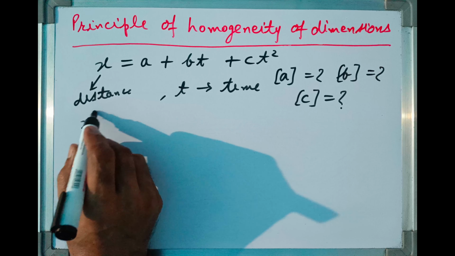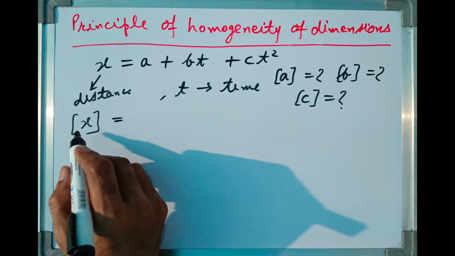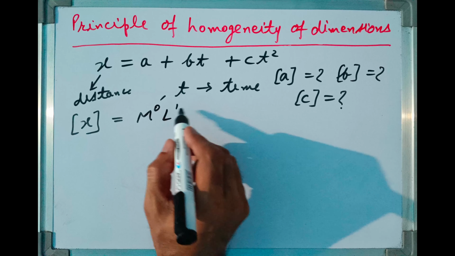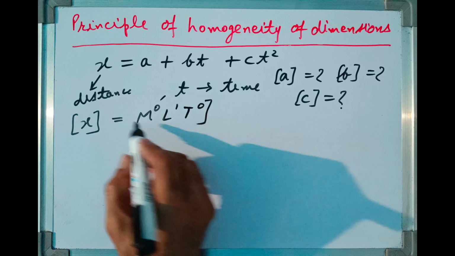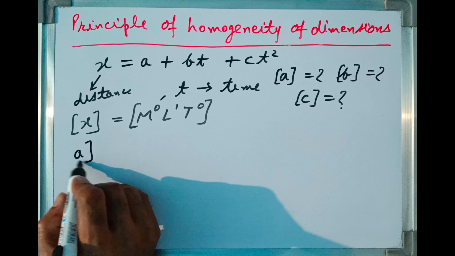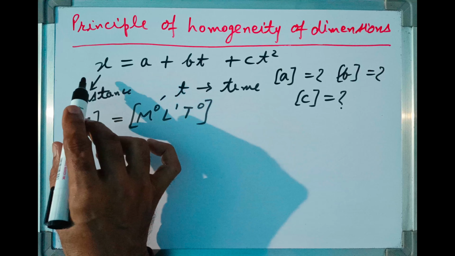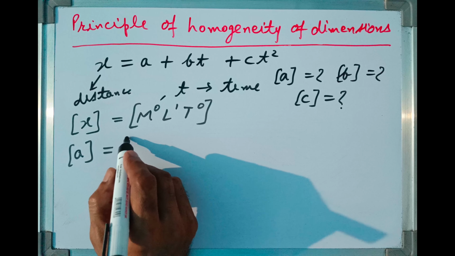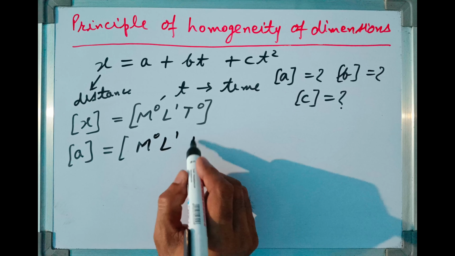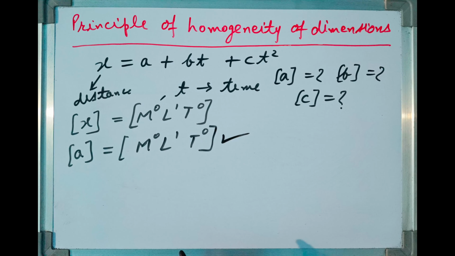Now to calculate the dimension formula of the left hand side, it is distance, so I can write M raised to power 0, L raised to power 1, T raised to power 0. Similarly, the dimension formula of a must be the same as that of x, M raised to power 0, L raised to power 1, T raised to power 0. So one answer is there.